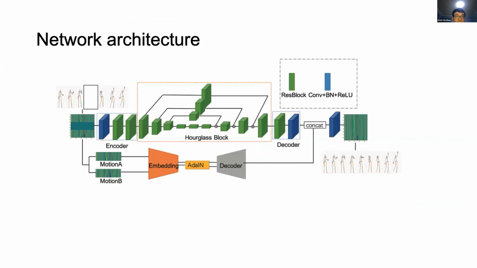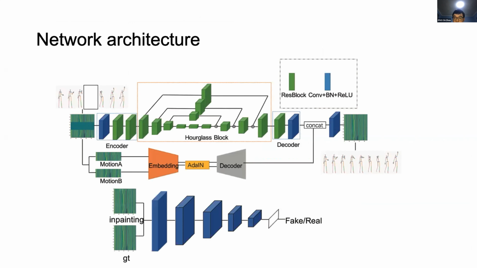So now I'd like to introduce our network architecture. Our network consists of a generator and a discriminator. The generator is an encoder-decoder architecture with an hourglass block.